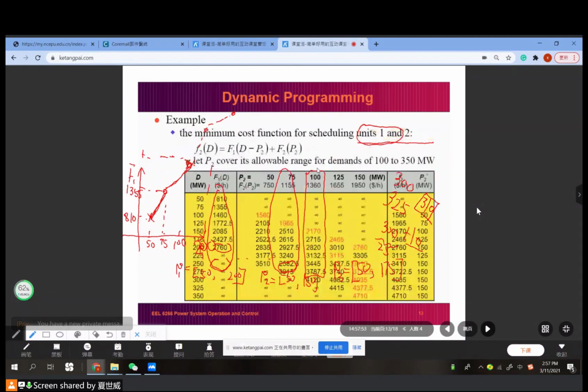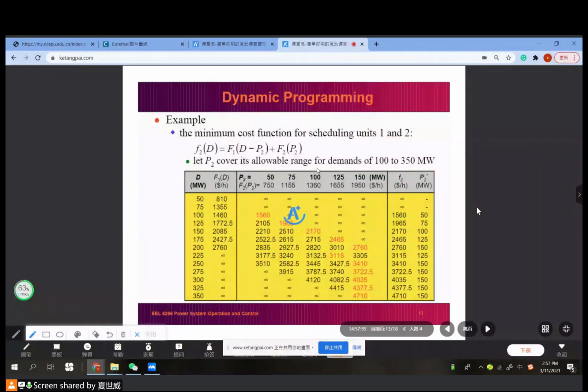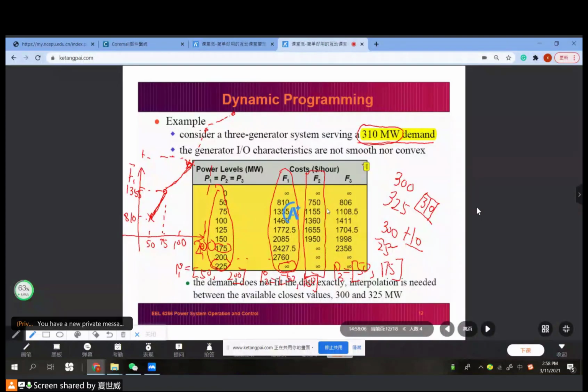First, we have to calculate the fuel cost for the generators. For these 3 generators, our problem is that we have to find the optimal solution to support the total load of 310 megawatt using 3 generators.